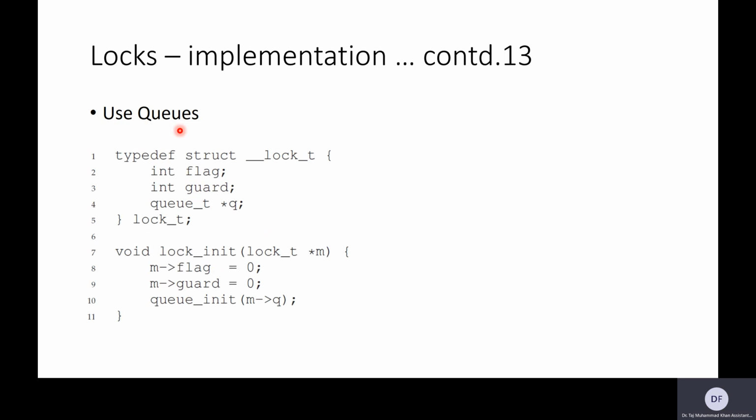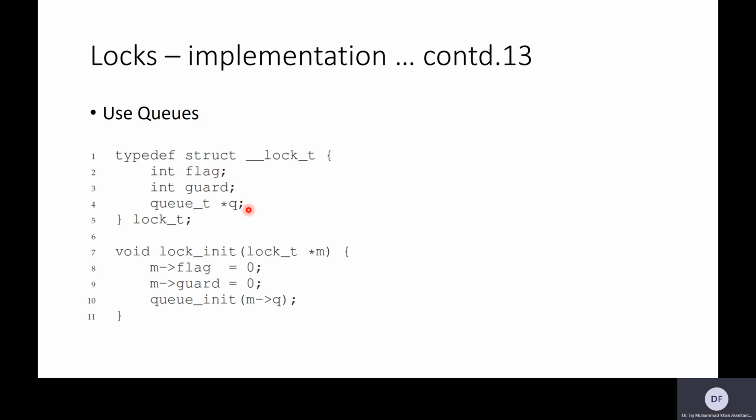Another approach is to use queues inside the locks. Whenever a thread is waiting for a lock, instead of making it spin unnecessarily, we maintain a queue inside the lock to tell which threads are waiting for this lock, and put those threads to sleep.